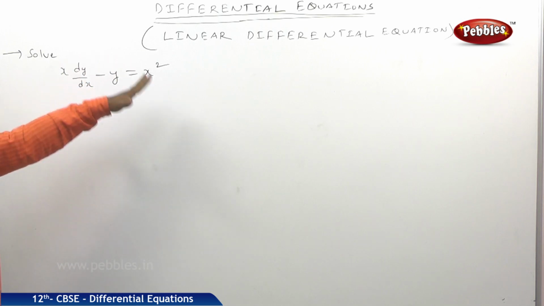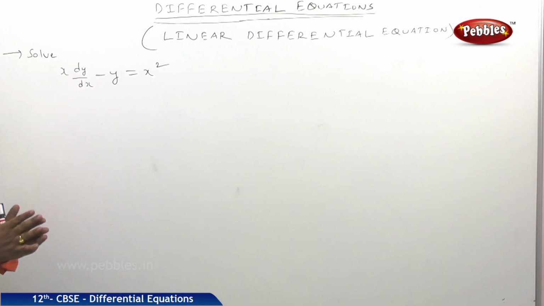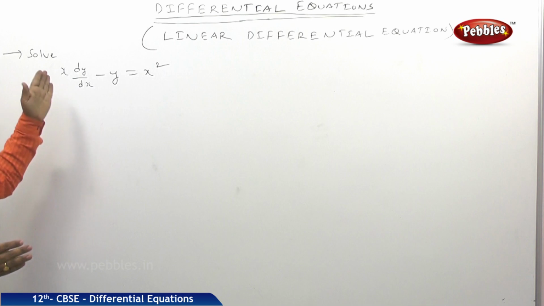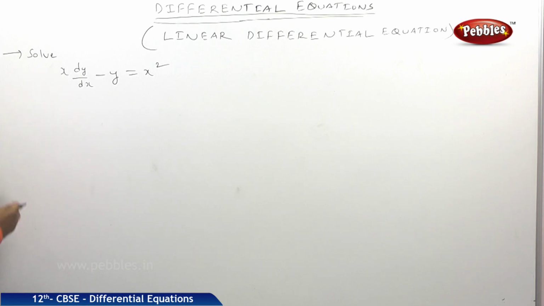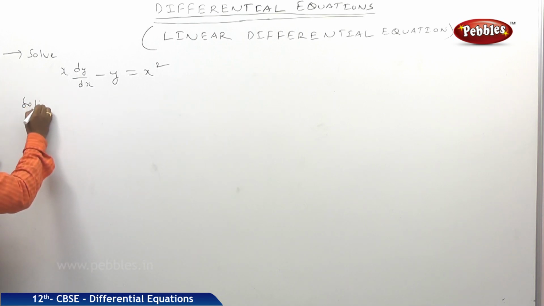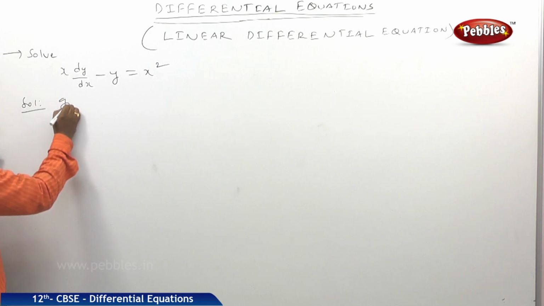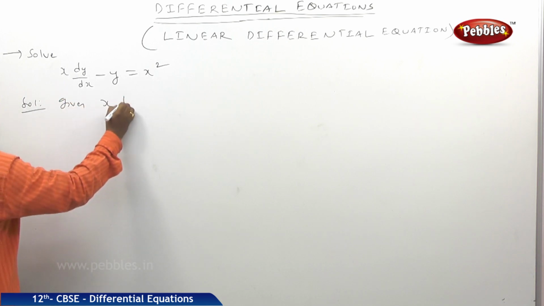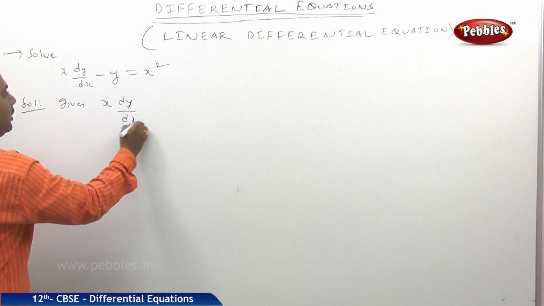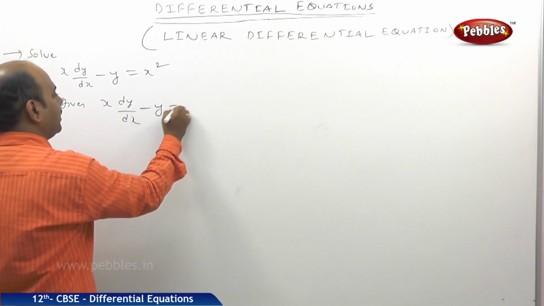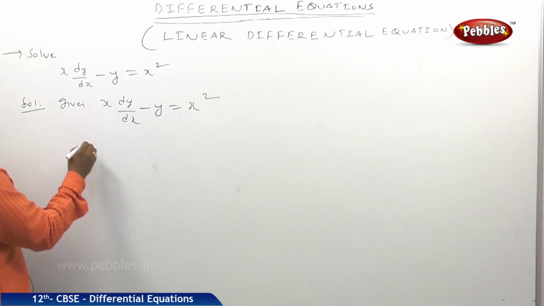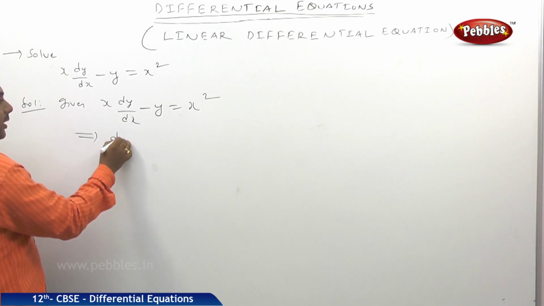Now, I just said the procedure of solving a linear differential equation. Now we shall do a problem. Solve x dy minus y dx is equal to x square dx. So what is the given differential equation for us? x into dy by dx minus y is equal to x square. So we need to divide by x.